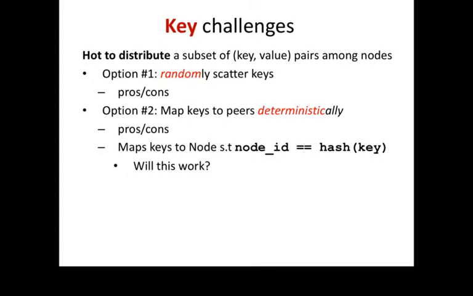So imagine that you apply the function on the key, and it gives you some ID, right? And then you can say, whoever is the node corresponding to this ID is responsible for storing this particular row of the table. So you can always deterministically ask that person. But will this work?